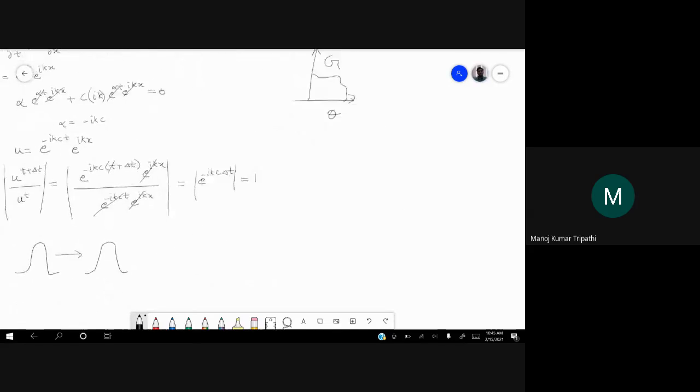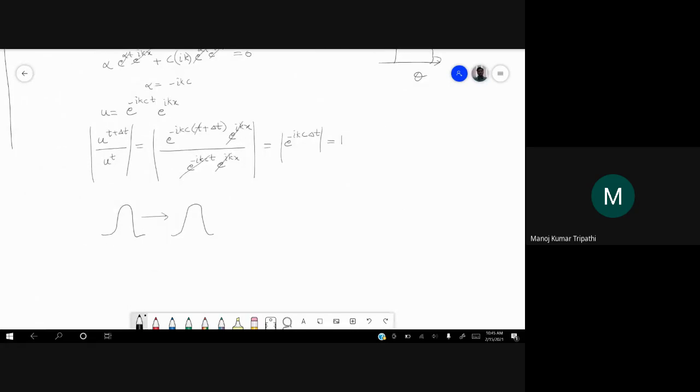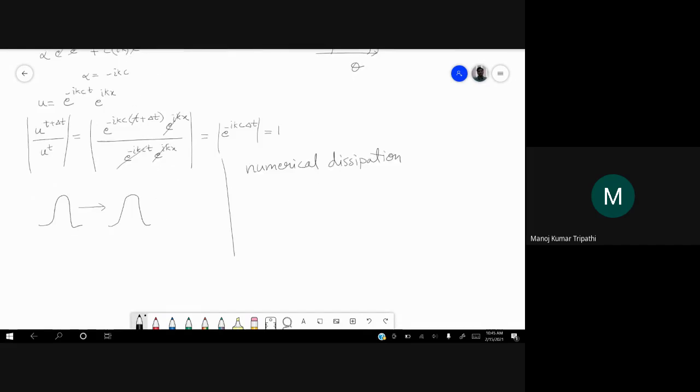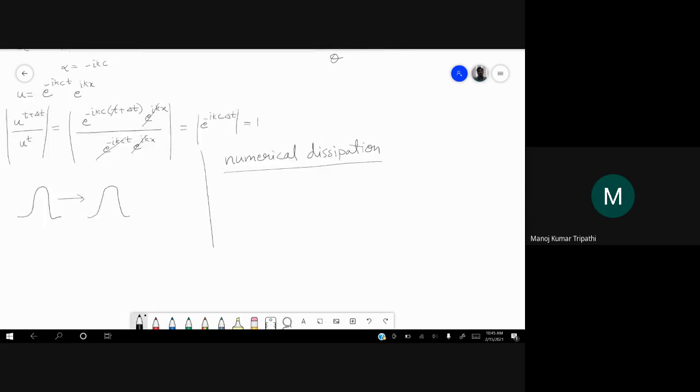So numerically what happens is, this is known as numerical dissipation. The exact solution is not dissipating, or the energy is not dissipating, you can say. The height or the magnitude of the wave is not decreasing. But when you just discretize the equation, you introduce some numerical dissipation just by discretizing it and solving it on a computer.